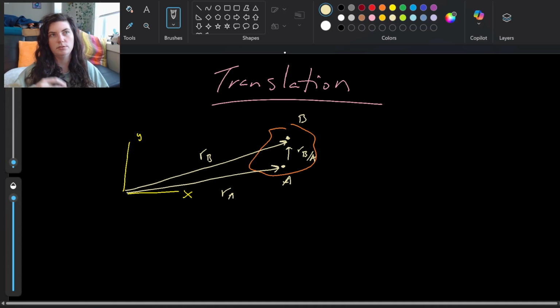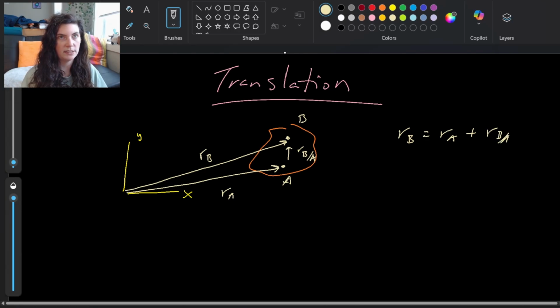If I want to know if one end is moving at a different speed than another, I can use A and B as arbitrary points to see what that body is doing. So here, my position B is defined by our relative motion: RB is RA plus RB with respect to A.